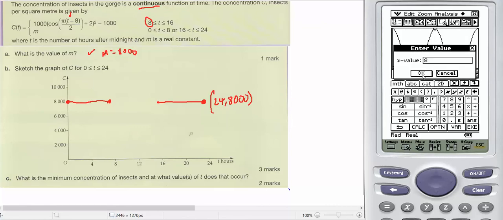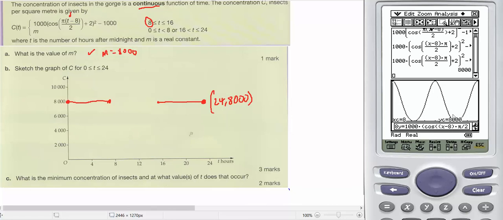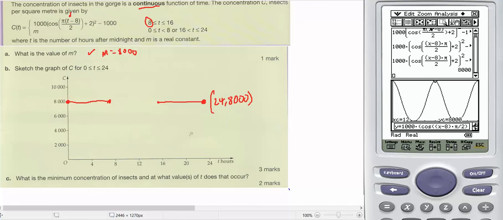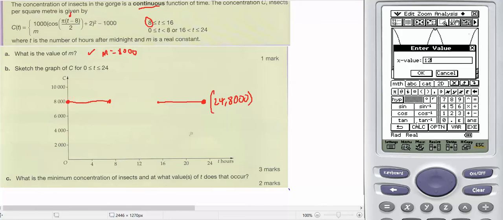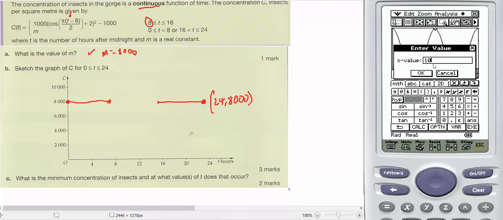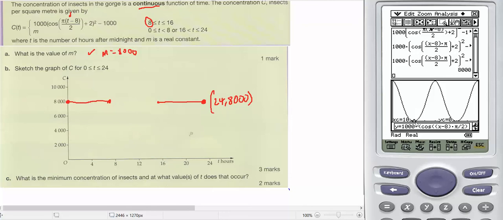when it's equal to 8, I should get an answer of 8000, very nice. Analysis, gsolve, trace. When it's equal to, that's 8 and that's 6, so that should be 12. Enter, I get an answer of 8000, so what will 10 be? 0.